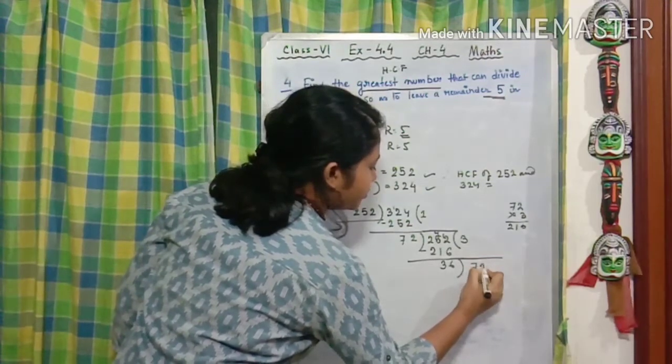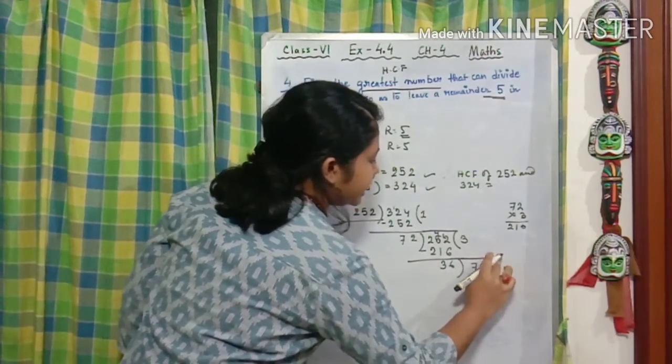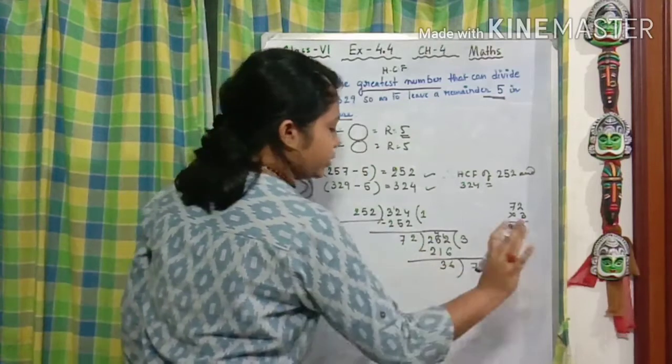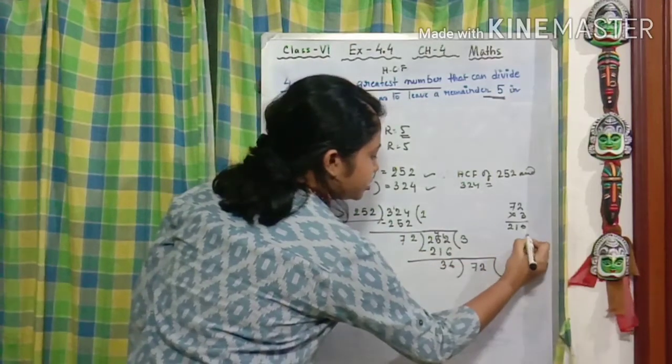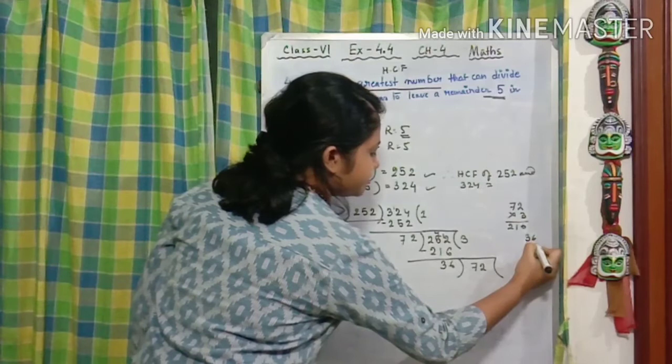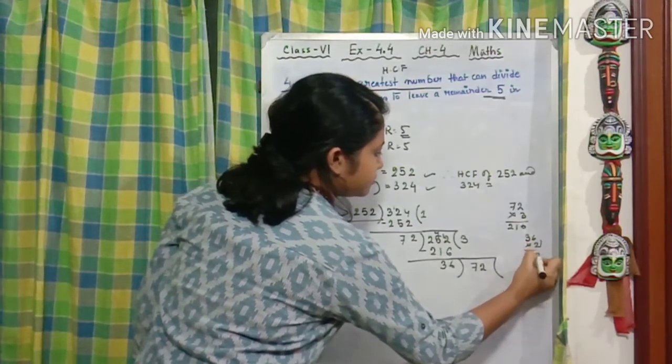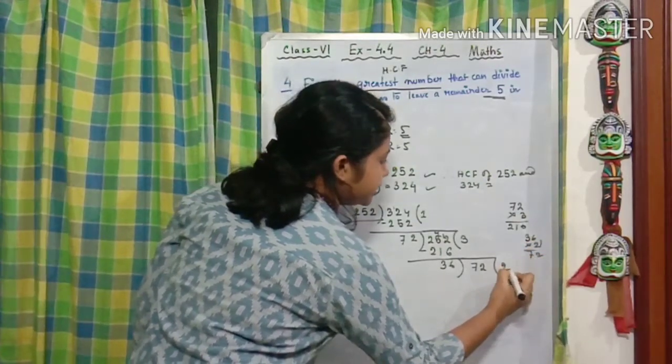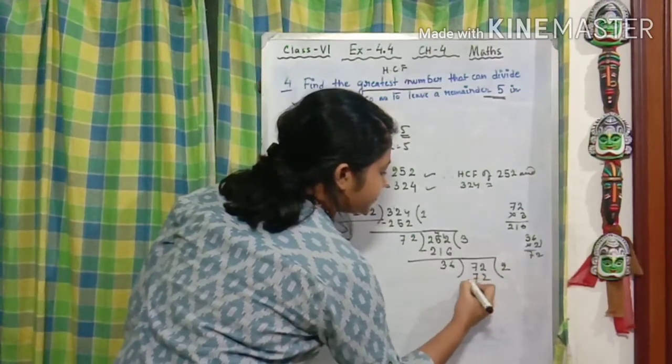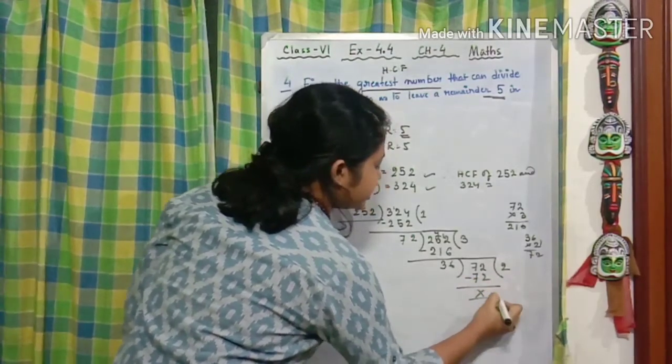Now we have to keep on dividing until it is completely divided. So 36 2s are 72 and the division is complete.